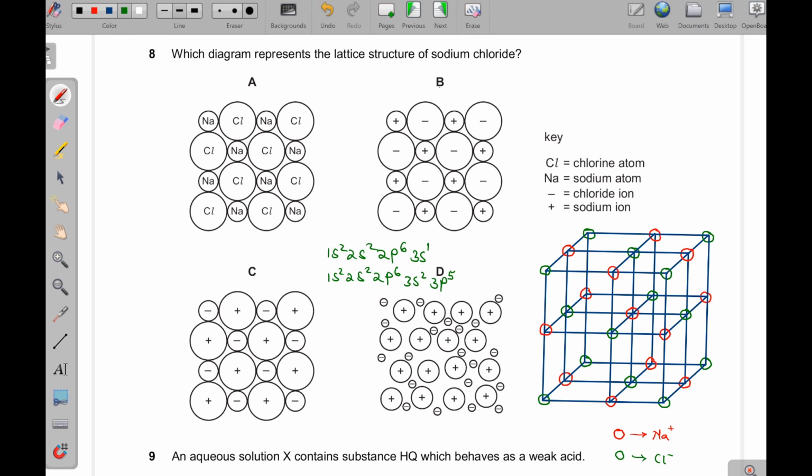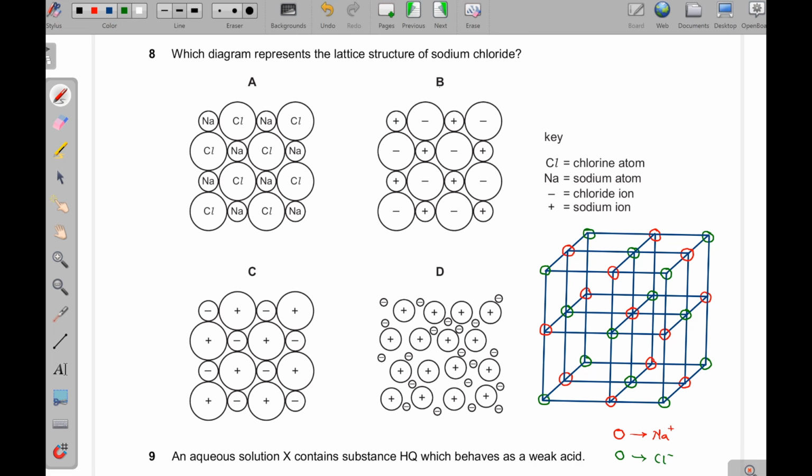So this one here is a bigger ion, because there is one more shell on it. Yes, it has a higher nuclear charge because it has more protons, but the nuclear attraction is smaller because of the increased shielding here. So we expect the ion of chlorine to be bigger in size.